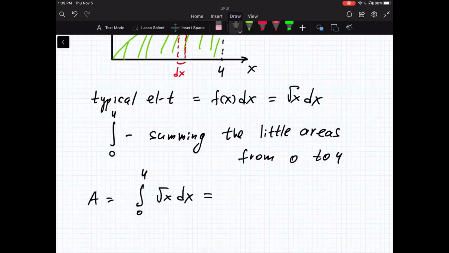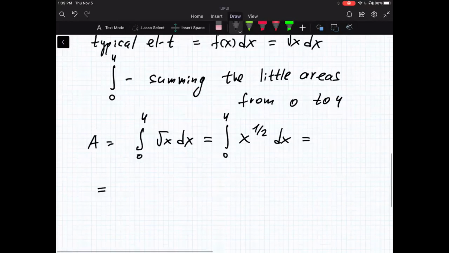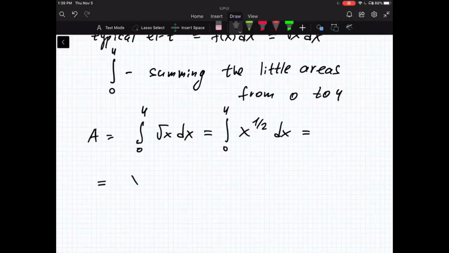And of course, I can calculate it. So I can write that it is the same as the integral from 0 to 4 of x to the power 1/2 dx, and then use our rule that we discussed last time. So it's x to the power 1/2 plus 1, or 3/2, over 3/2, and substituting from 0 to 4.